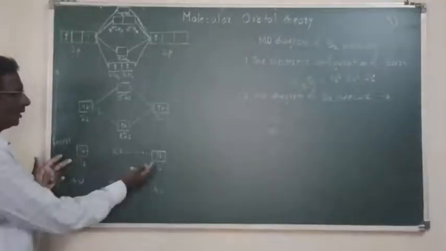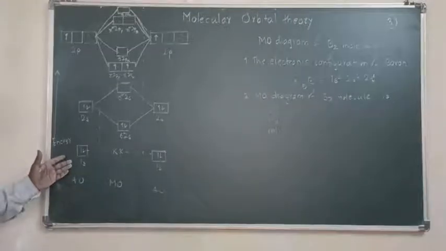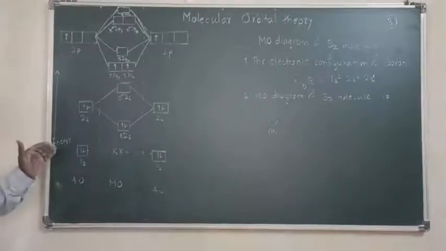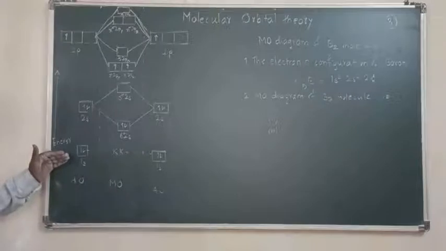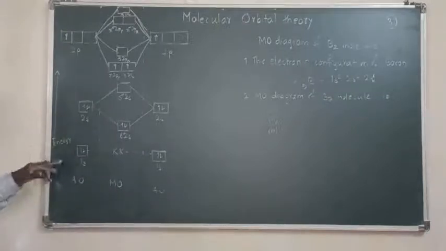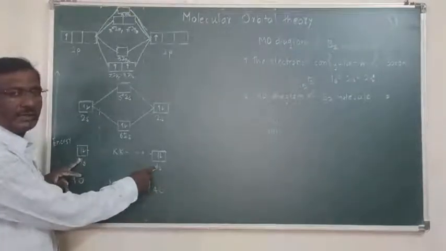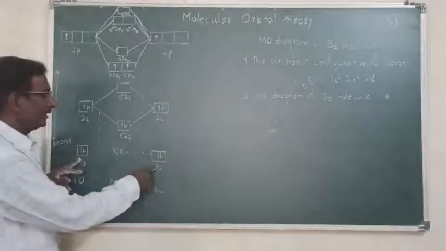Then third point, when atomic orbitals combine to form molecular orbitals, they lose their identity. But you can look here, in the case of lithium onwards, the 1s orbital electrons do not take part in bonding.